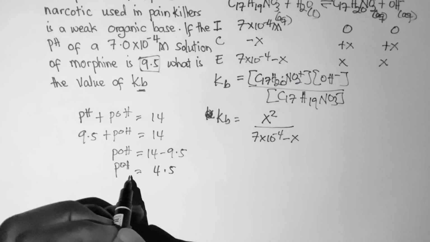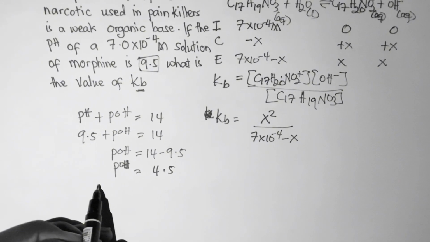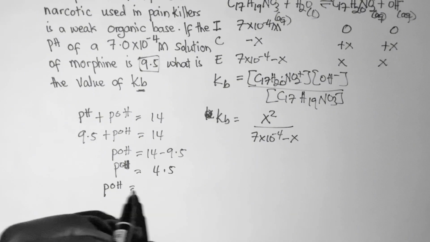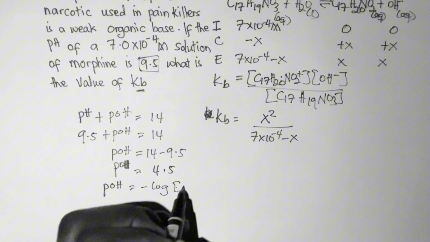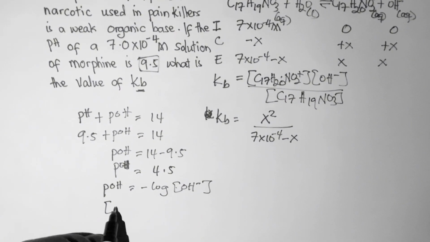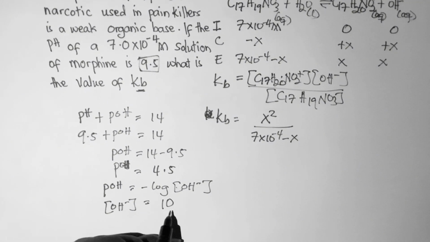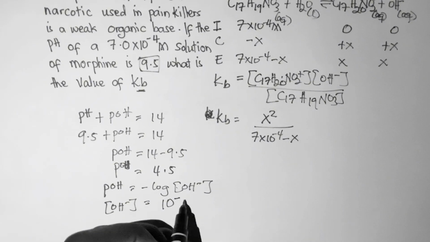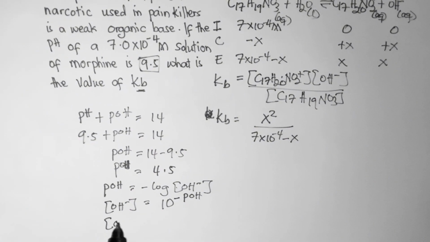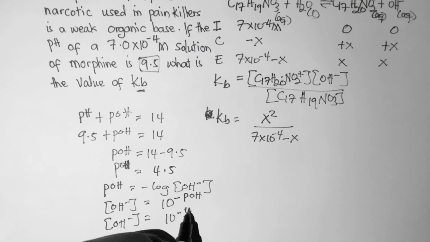Now, having gotten pOH, we can find the concentration of the OH minus ions. Remember that we've established that pOH is equal to minus log of the concentration of the OH minus ions. So it means that the concentration of the OH minus ions is equal to the antilog of negative pOH. So the concentration of the OH minus ions is equal to 10 exponent minus 4.5.